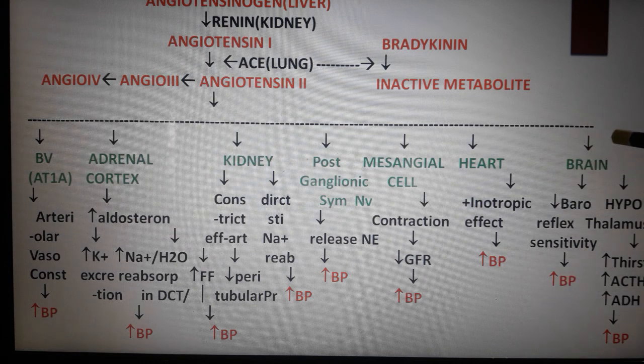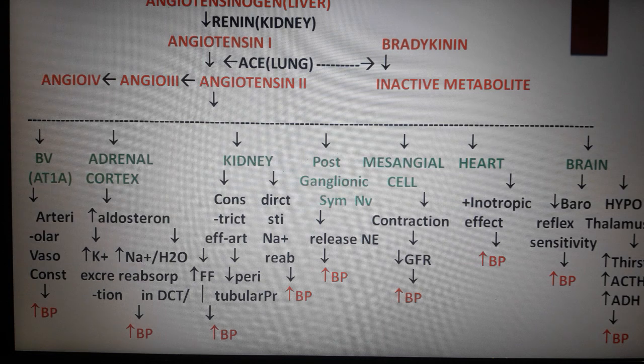In brain, angiotensin 2 acts in a different fashion. It does not pass through the blood-brain barrier. Angiotensin 2 cannot pass the blood-brain barrier. It acts via the circumventricular organs, that is subfornical organ and OVLT.